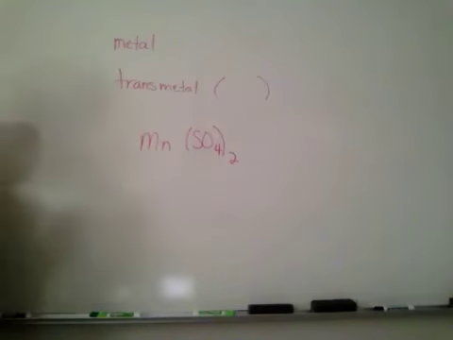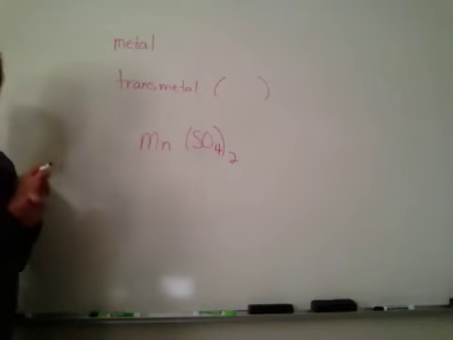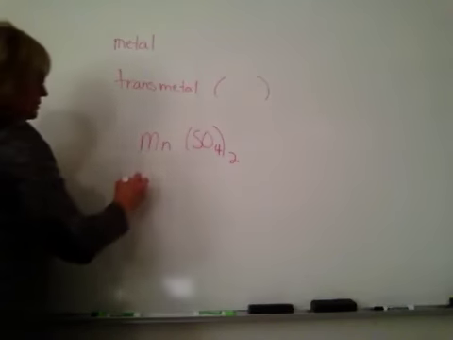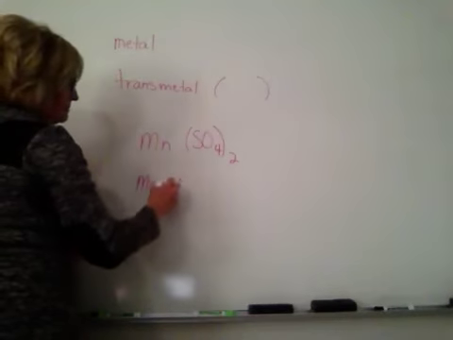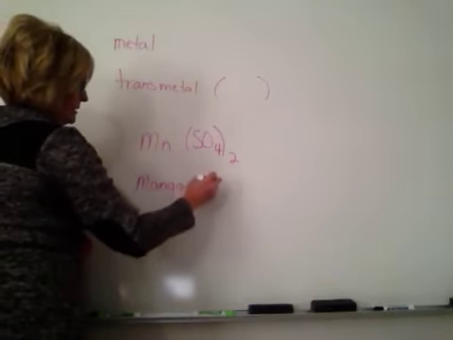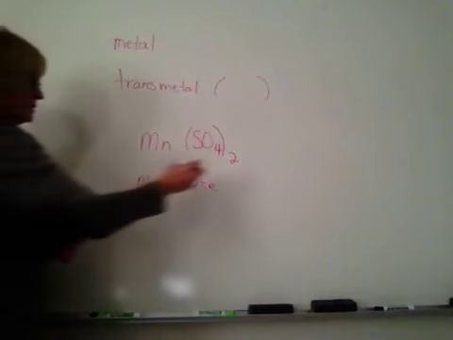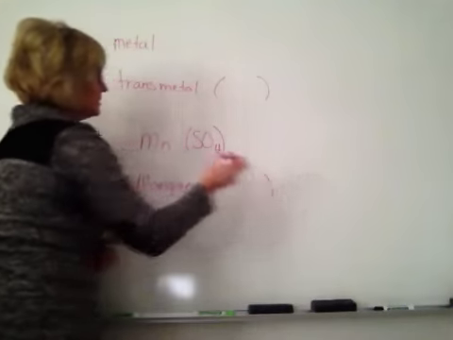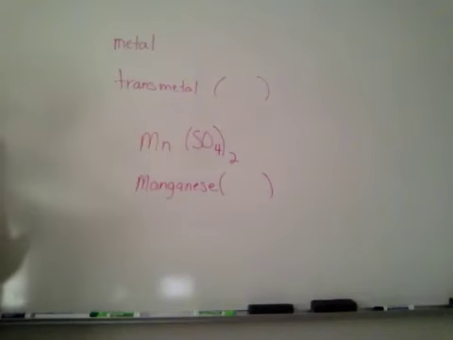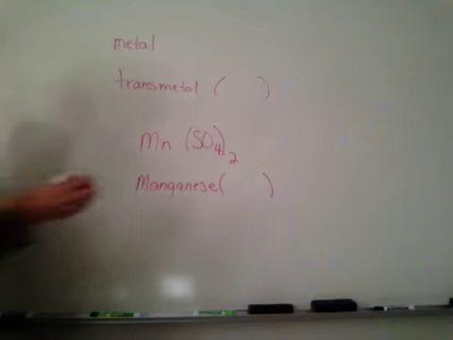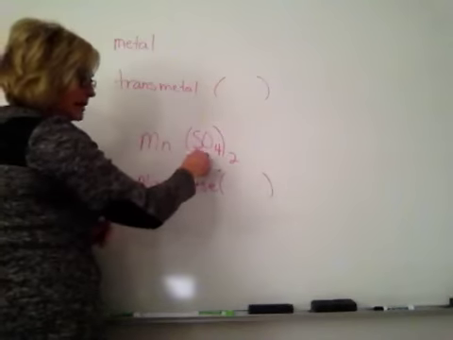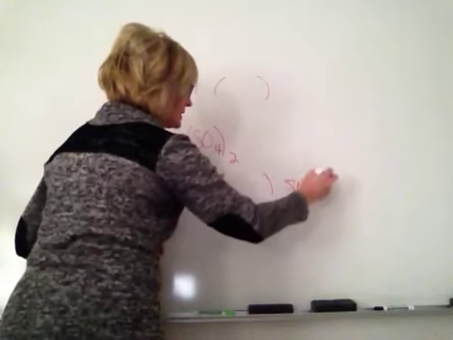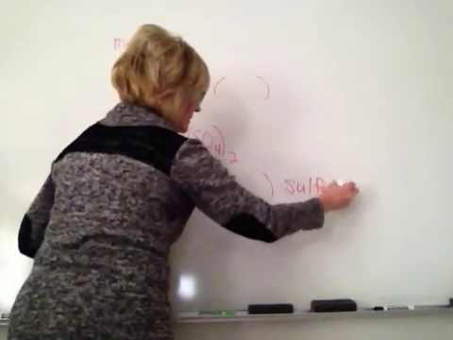Okay, so first name is what? Manganese. What do I know about manganese? It's a transition metal. So I'm going to put parentheses there because I'm going to have to put something in it. What is the last name of that formula? Sulfate. It's in parentheses. It's polyatomic. Its last name is sulfate.